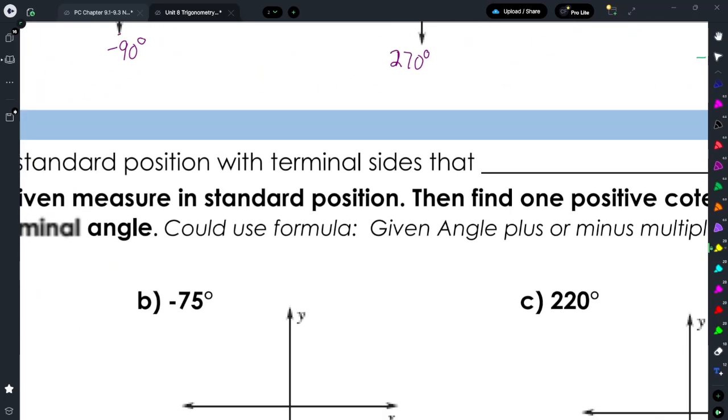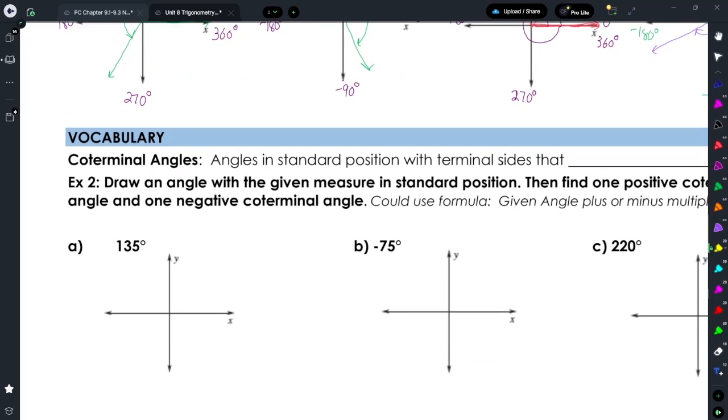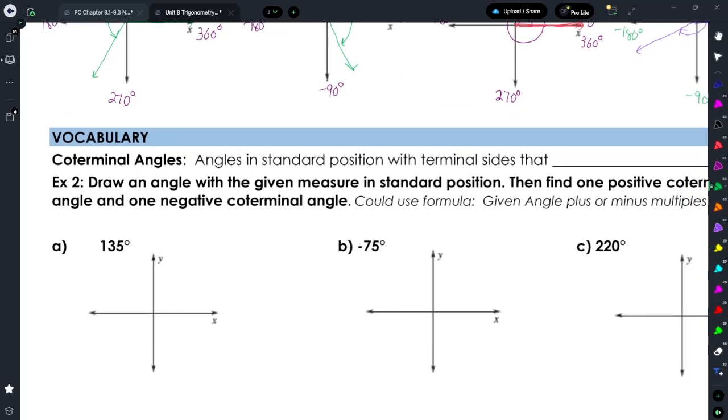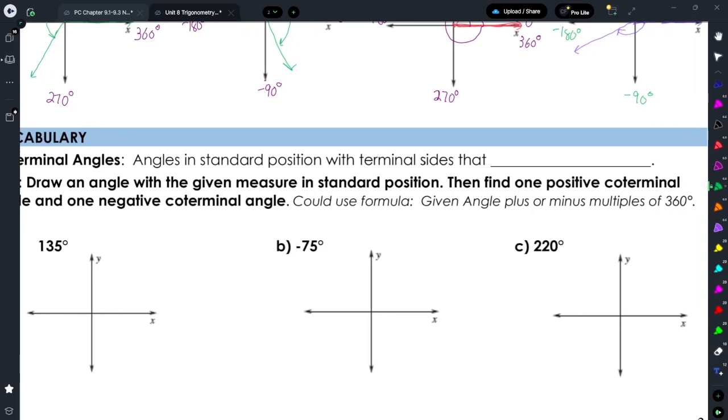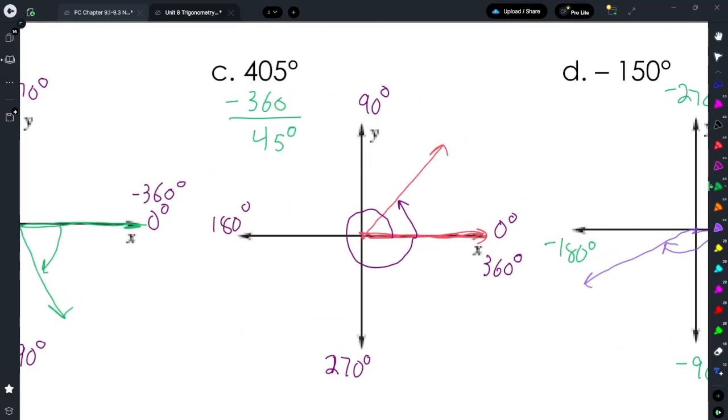All right, the next thing we're going to talk about is something called coterminal angles. Coterminal angles are two angles in standard position whose terminal sides coincide, or lie on top of each other. So, for example, when we were looking at this angle, 405 degrees, we subtracted 360 and said, okay, we're 45 degrees more than a full circle.